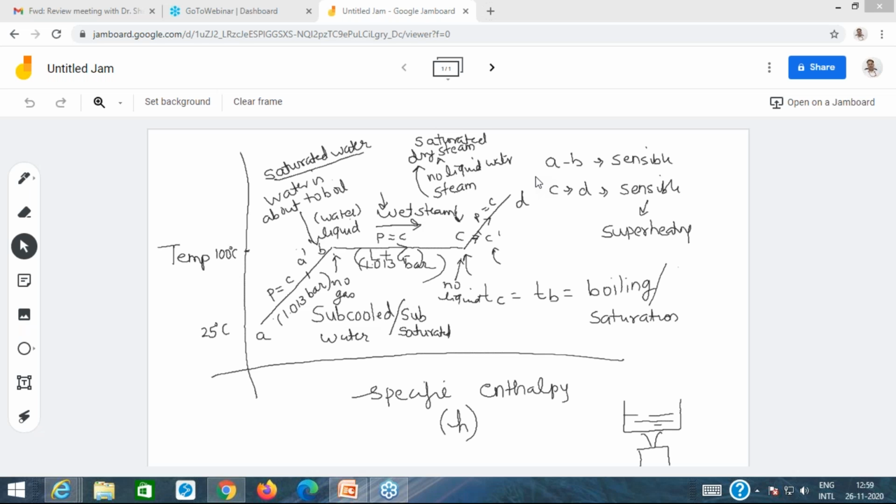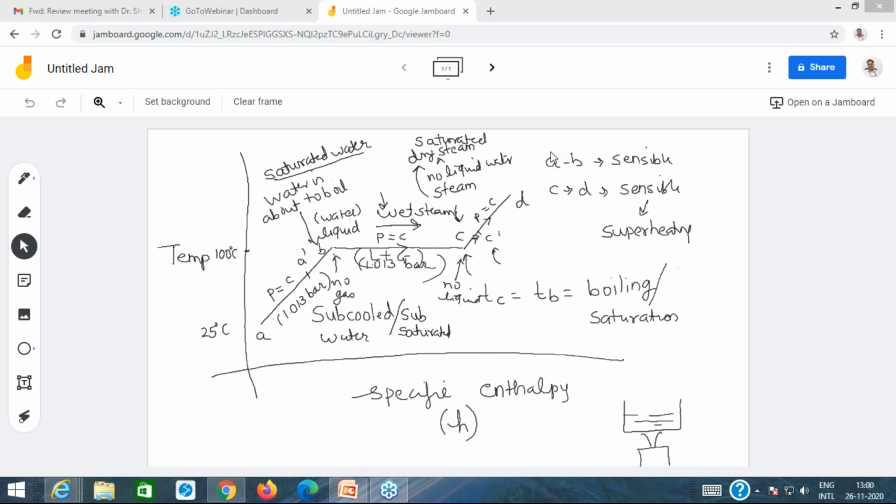So as you see on the board, I had drawn the temperature enthalpy diagram. Let me show you the enthalpy of saturated water or saturated liquid on this.